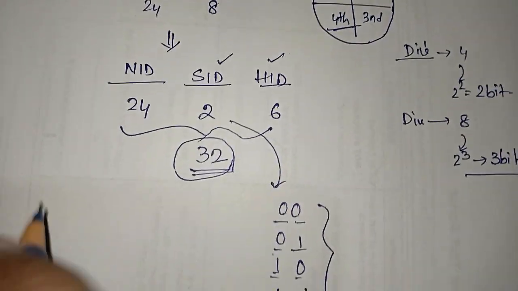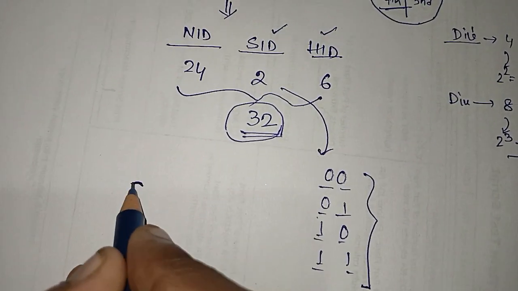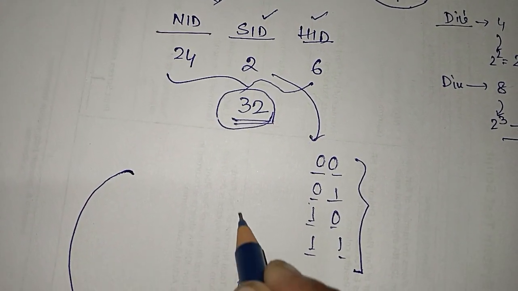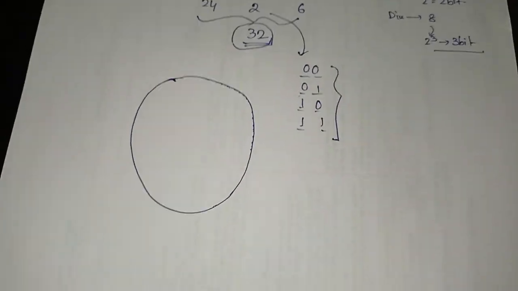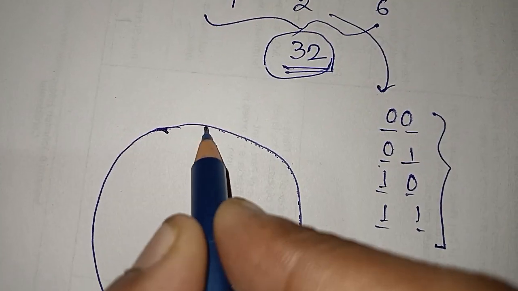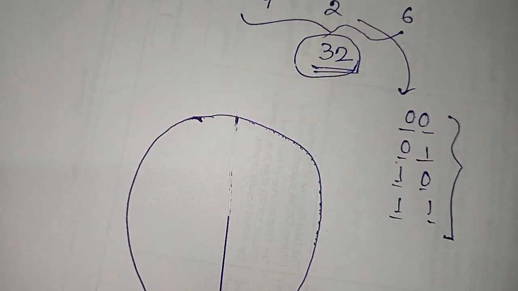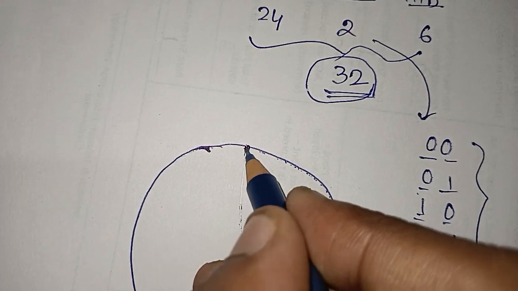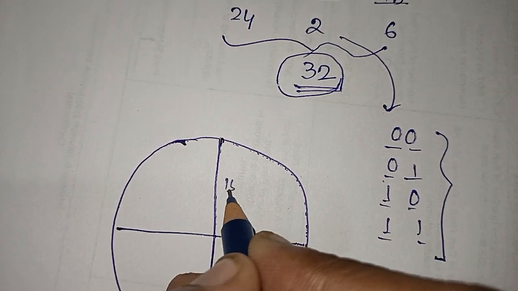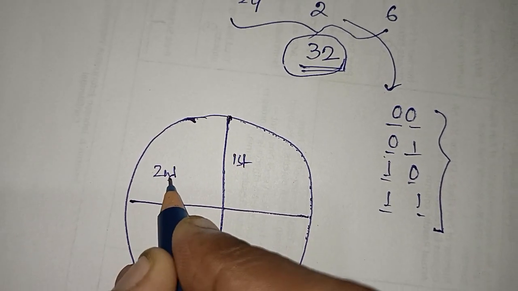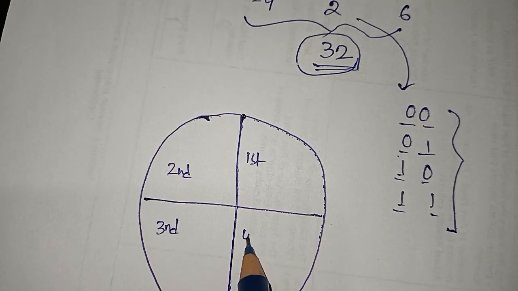So let's suppose this is the big network, and we divided this big network into four parts. This is the first, this is the second, this is the third, and this is the fourth.